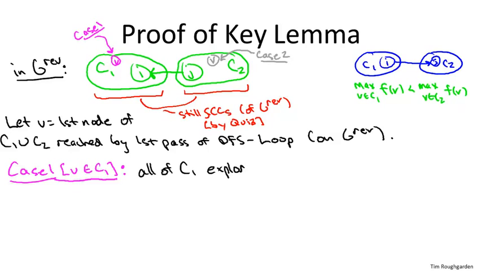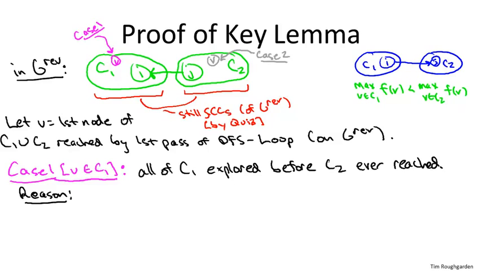And this is where we're using the fact that the metagraph on strongly connected components is acyclic. Right, C1 is strongly connected, C2 is strongly connected, you can get from C2 to C1, and if you can also get from C1 back to C2, this all collapses into a single strongly connected component. But that would be a contradiction. We're assuming C1 and C2 are distinct strongly connected components, therefore you can't have paths in both directions.